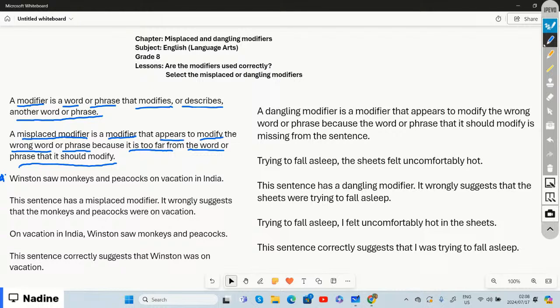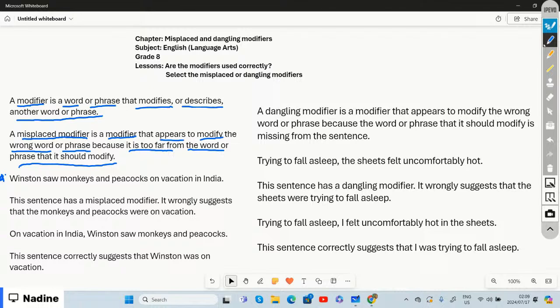So Winston saw monkeys and peacocks on vacation in India, which means that this sentence has a misplaced modifier, and it wrongly suggests that monkeys and peacocks were on vacation. It's not the monkeys and peacocks that were on vacation, but it was Winston.